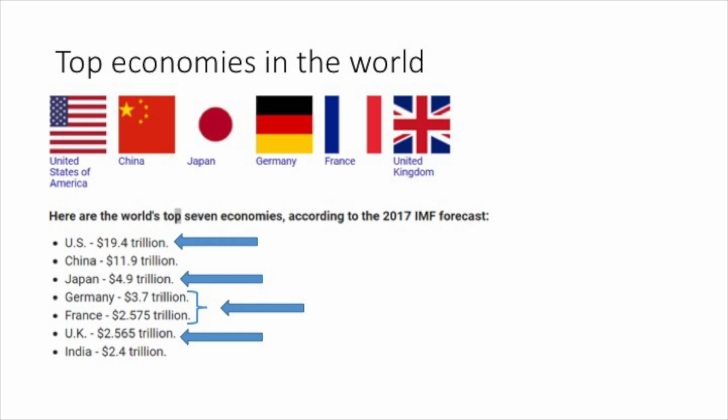This slide shows the largest economies in the world. You can see that list includes US, 19 trillion, China, 11.9 trillion, Japan, Germany, France, UK, and India. Next to those economies, I put a blue arrow, and that blue arrow indicates that their countries' currencies are some of the largest traded. You'll see there are blue arrows next to US, Japan, and UK.